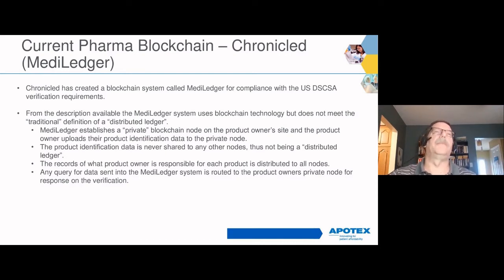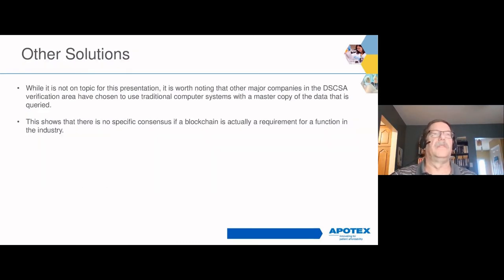But you won't have the same speed as, say, the SAP ledger, because you still have to go across the internet to reach the owner's private node and get the response.